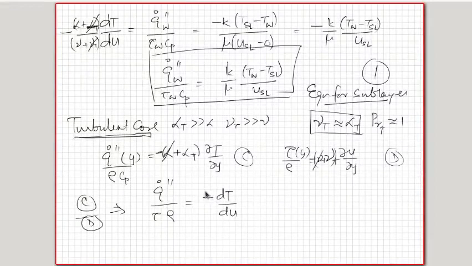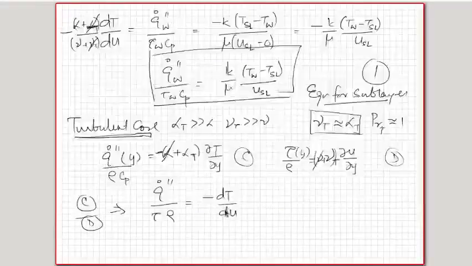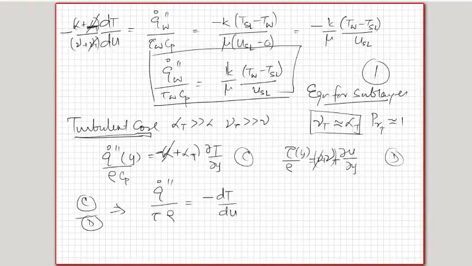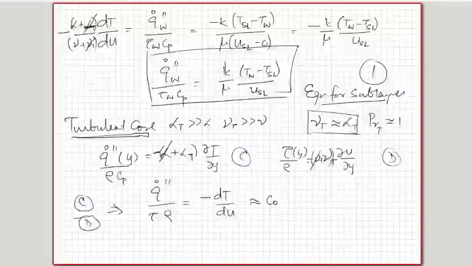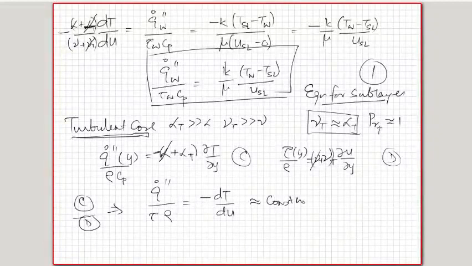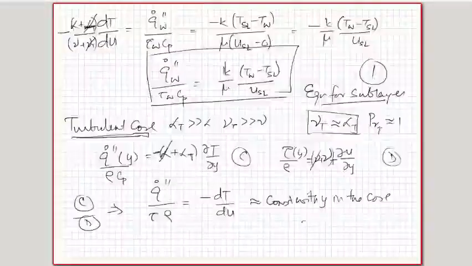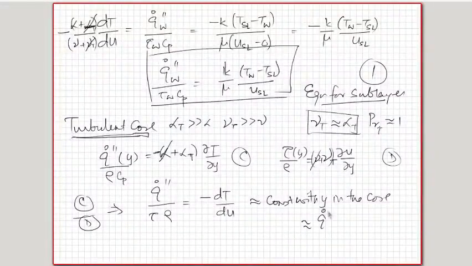And what Prandtl suggested is that throughout the turbulent core, he neglected the changes in this term. So he says this remains approximately constant with y in the core, and is approximately equal to q dot double prime wall divided by tau wall by rho.